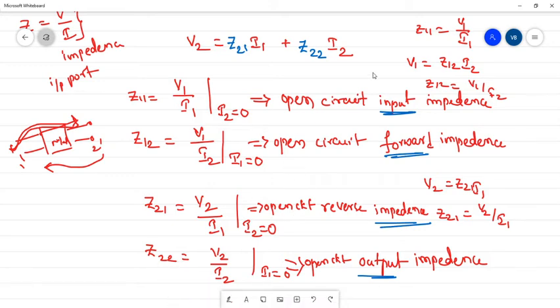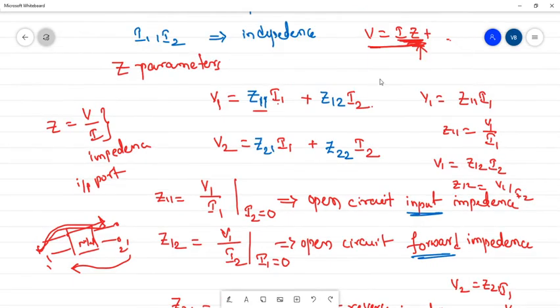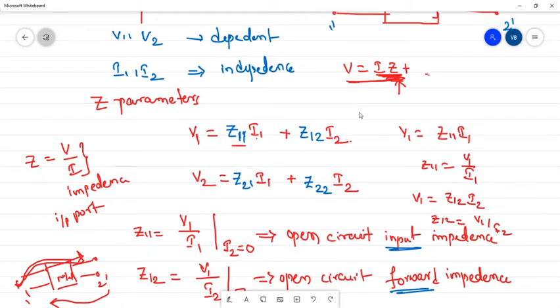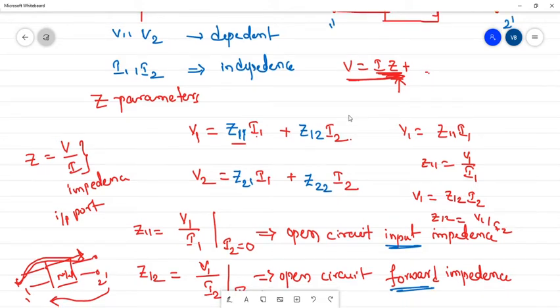We are going to relate the impedance parameters. Here V is the unknown, that is V is the dependent parameter and I is the independent parameter.